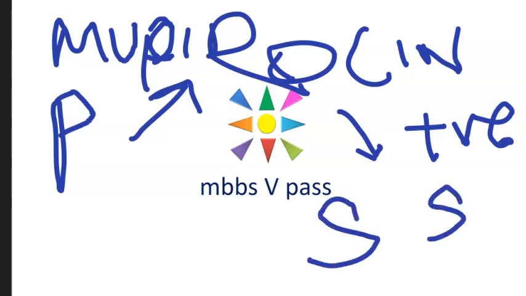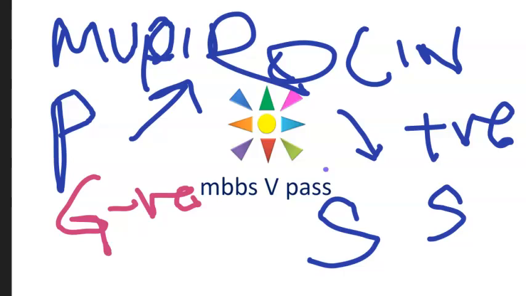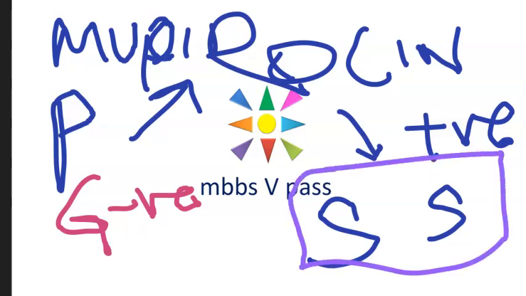So MUPIROCIN is derived from Pseudomonas, which is a gram-negative bacteria, but it will act against gram-positive bacteria like Streptococcus and Staphylococcus, even MRSA, methicillin-resistant Staphylococcus aureus. It will act even against that.